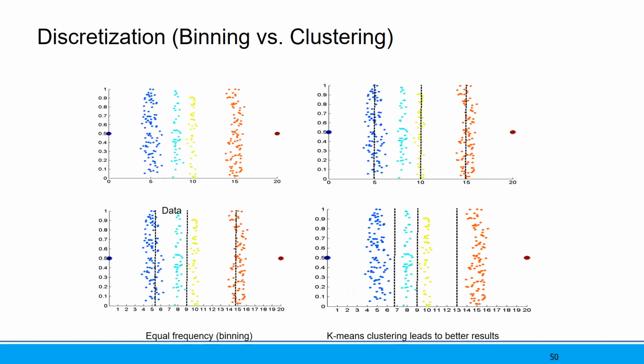What is the difference between binning and clustering? You can look at more details later when we learn about clustering. But binning is simpler, just a very naive way compared to clustering, which is based on an algorithm.